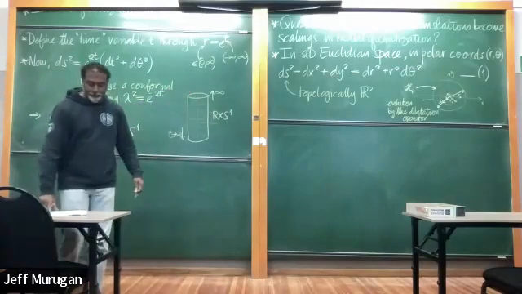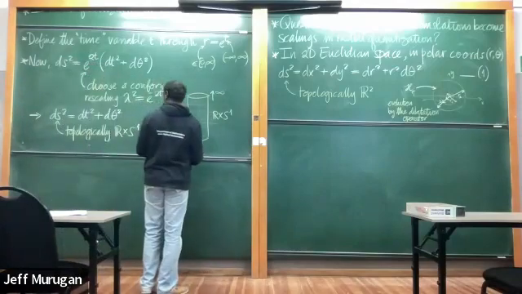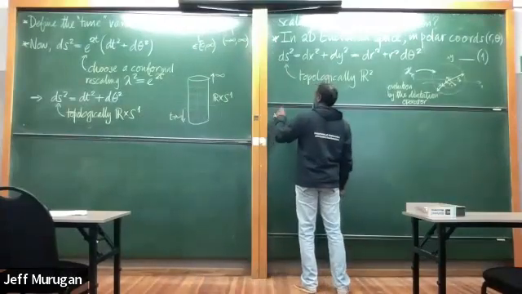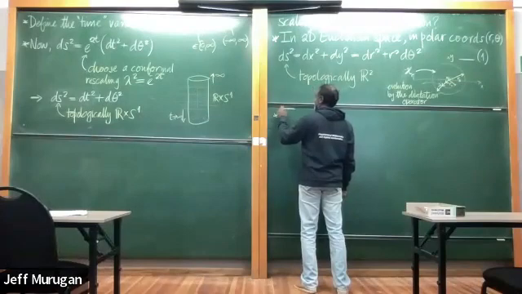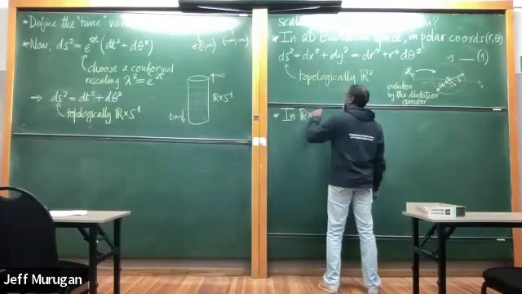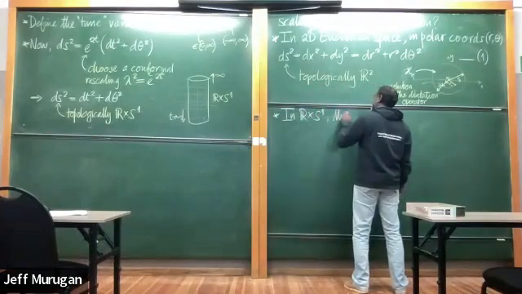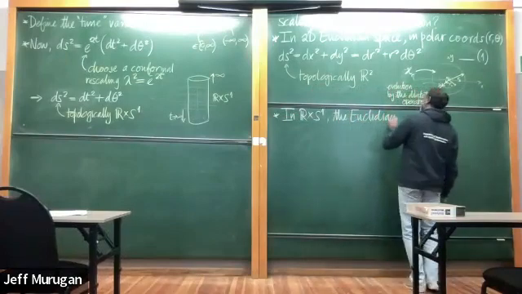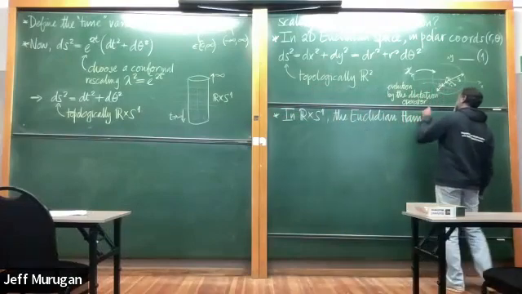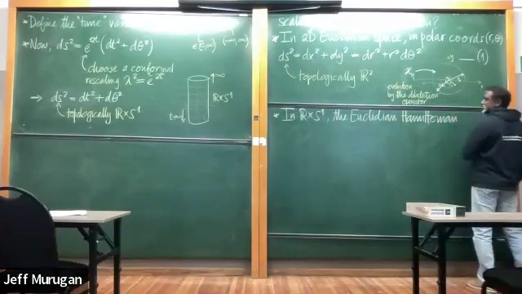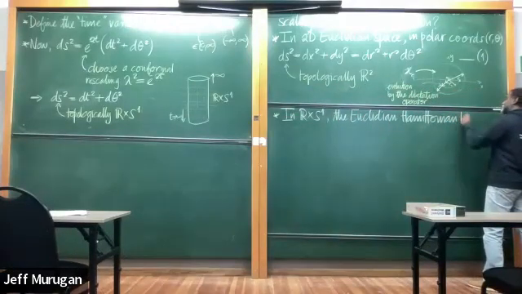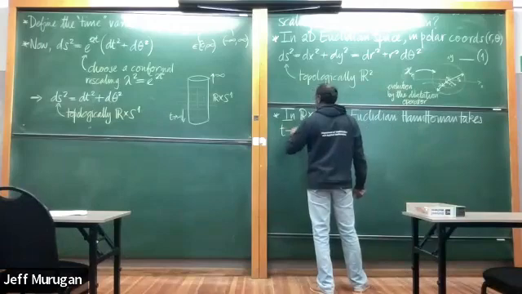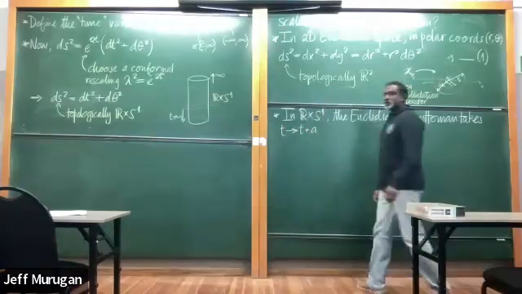Okay. So in the cylinder, the Euclidean Hamiltonian takes us between time slice t and time slice t plus something, let's say a.